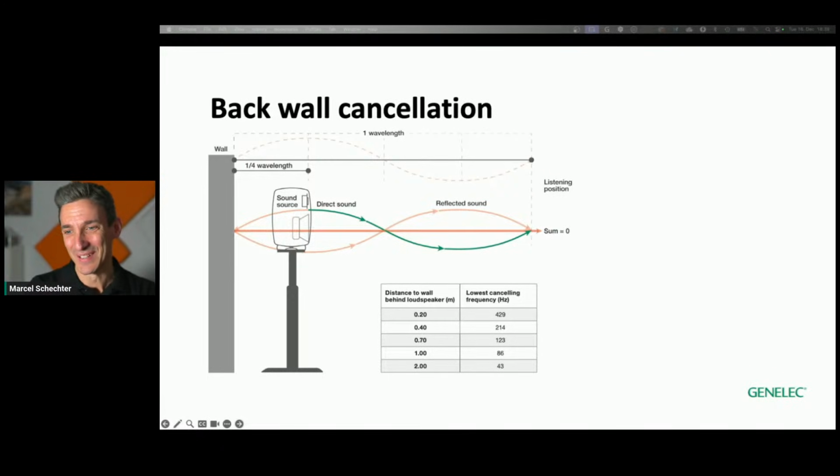For example, something we see relatively often, especially at home, is 1 meter distance between the front of the speaker and the wall behind the speaker. And this will cancel out around 86 Hertz. It's not nice. It's a really important frequency. And the problem is that, once again, you cannot do much about it.